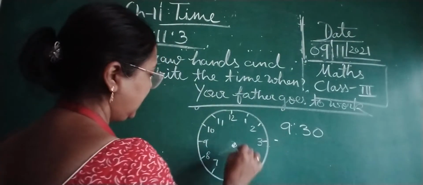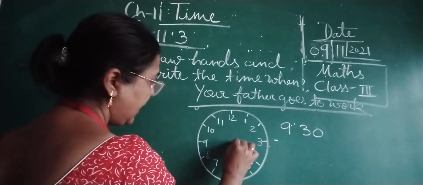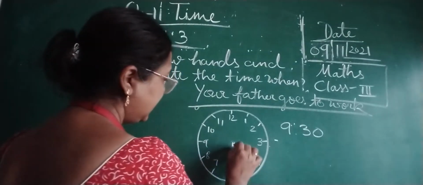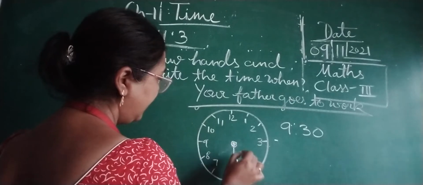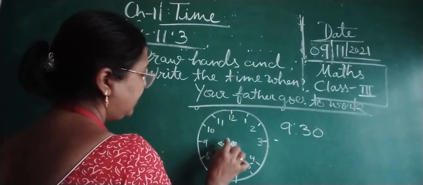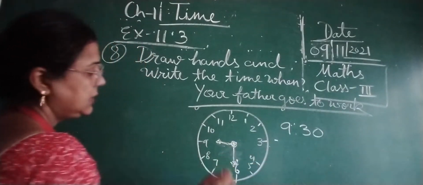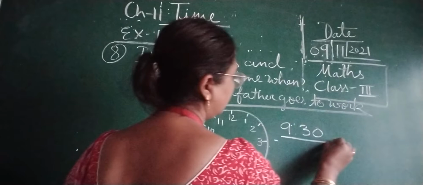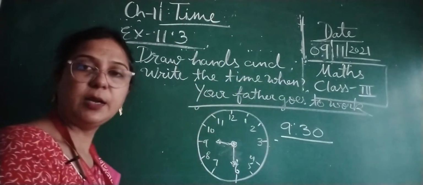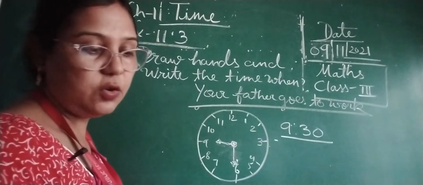So it is necessary. So here we are going to draw this bigger hand at 6, and our shorter hand is at 9. In between 9 and 10 you just draw this. Okay, so this is 9:30. This is the time your father goes to work children. Okay, now children you just draw this.